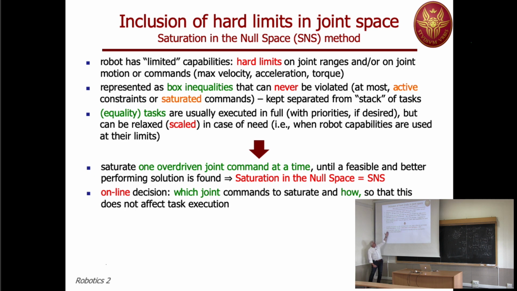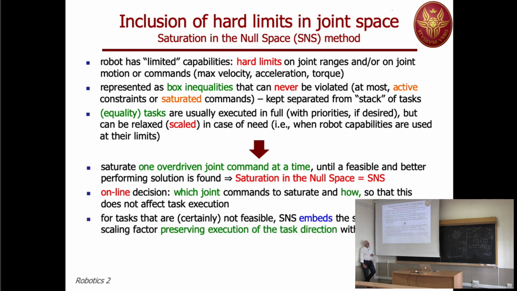And this decision is online, and also to decide which joint we will bring to saturation, so how to modify the solution, and how do we do the following compensation for this saturation in such a way that we don't affect task execution.